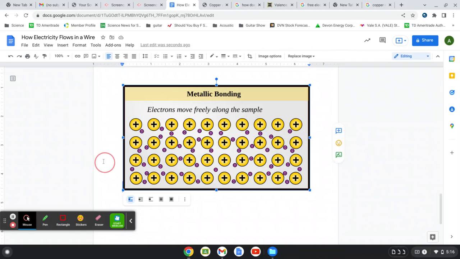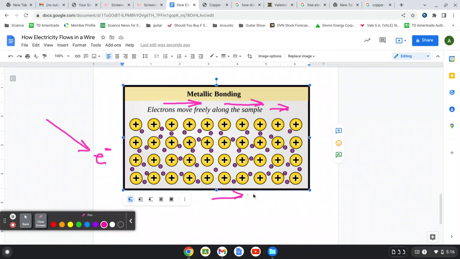Let's use this color, that magenta. So this electron comes in. Negative electrons are coming in from the battery, and they disturb this. They create an electric field, and they start moving, and that's very simplified what's going on.